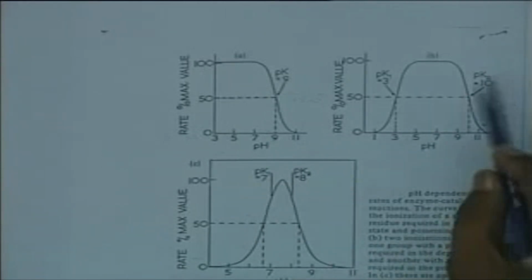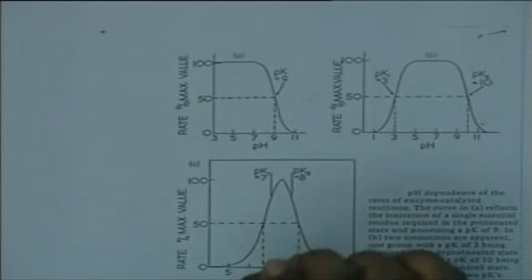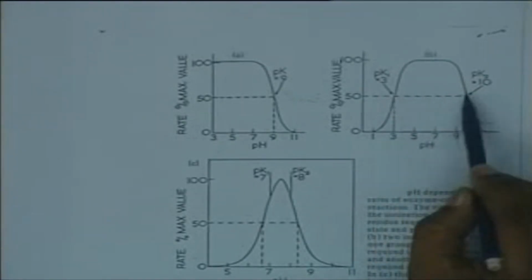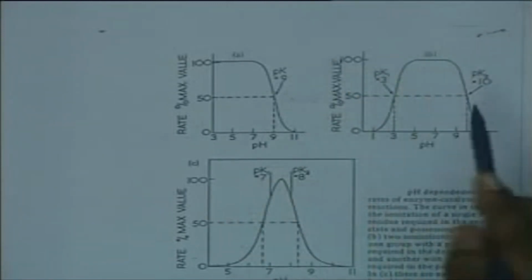This probably reflects the presence of 2 ionizable amino acid residues, one acidic, one basic, on the enzyme active site, with pK 3 and pK 10, which gives this typical profile.